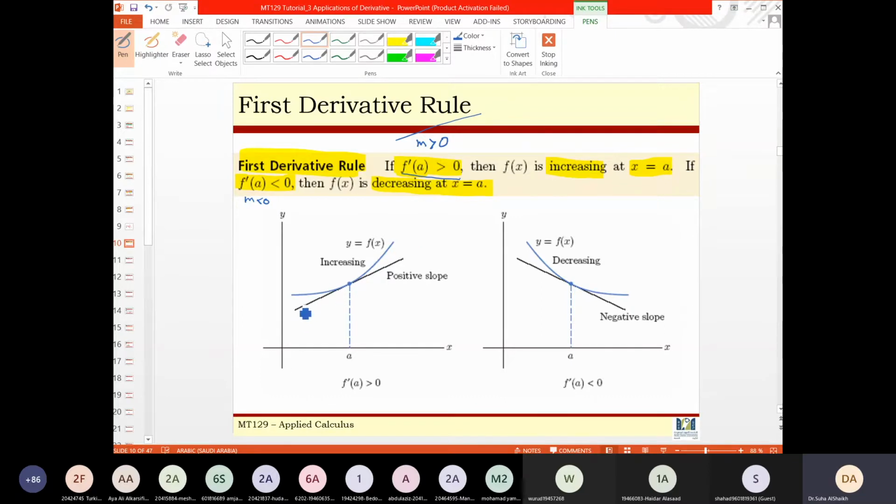It's a positive slope. Okay, so it is increasing. Now check this one. The function is decreasing as you can see, and this is the tangent line. It has a negative slope. So the function is decreasing at this point. Got it?